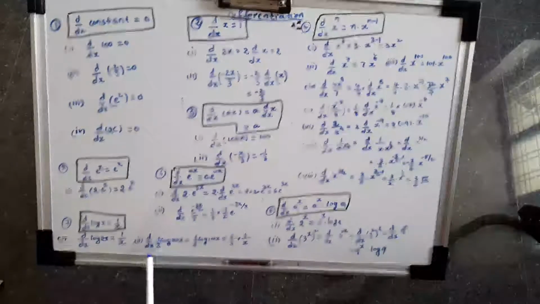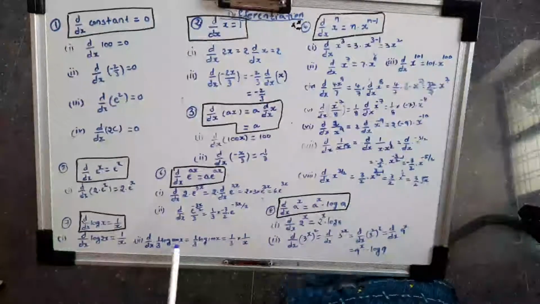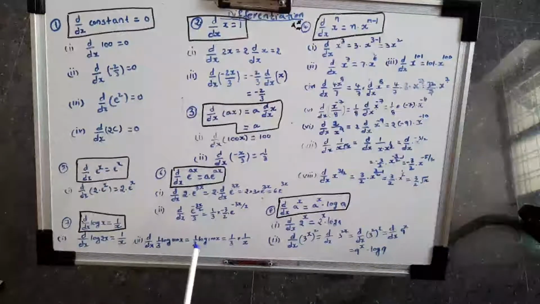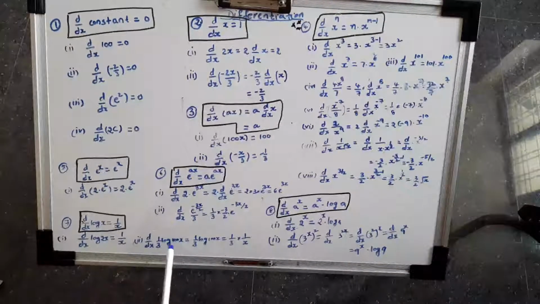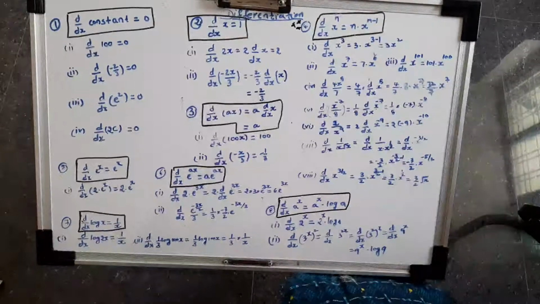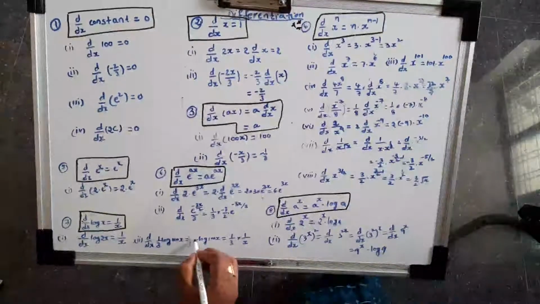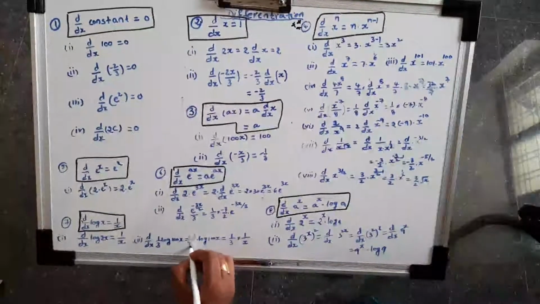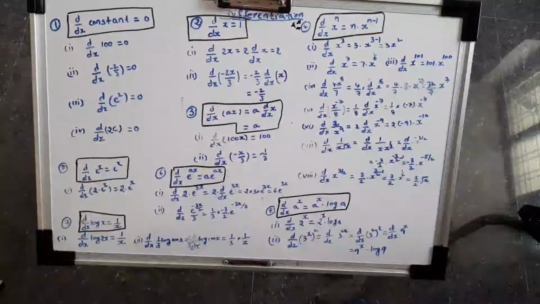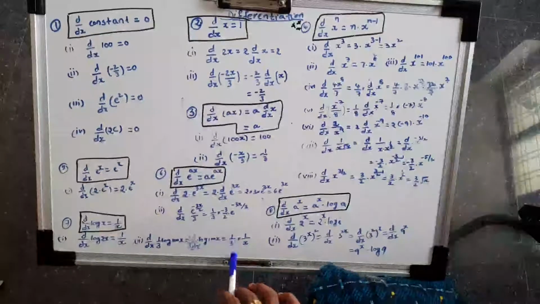So here, d by dx of 1 over 3 log 100x: the value before log is a constant, so you write it outside. Then d by dx of log 100x is 1 by x, and the constant stays here.